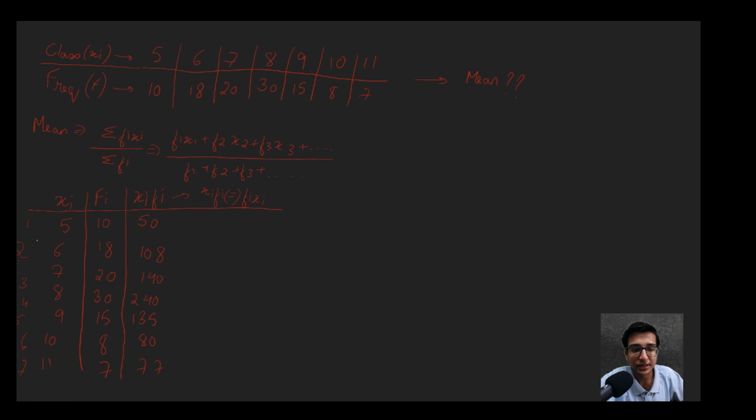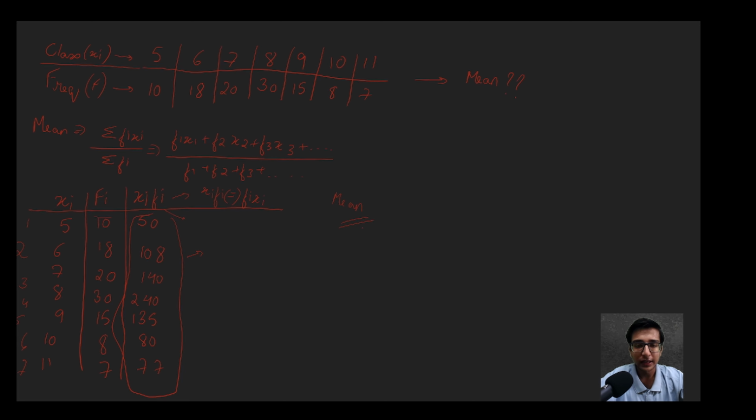So there are 7 numbers that have been provided to you. And xi fi, again, is the sum of all the values of xi fi. Now you need to sum all these values, you would get a certain value, and then you sum all the values of fi and you would get a certain value. Dividing those would give you the mean. So that is how mean of grouped data is generally calculated.